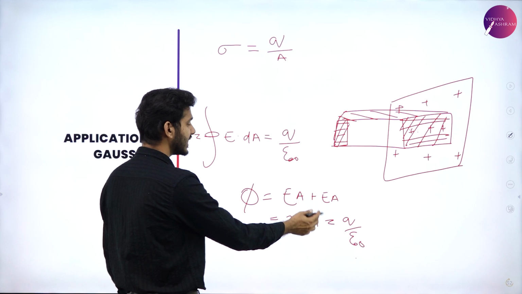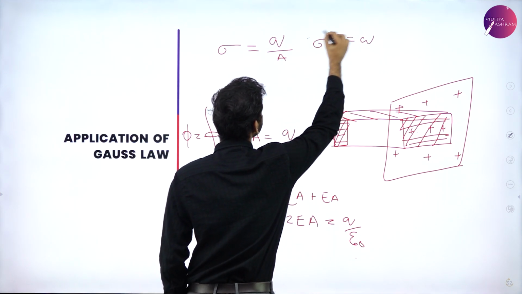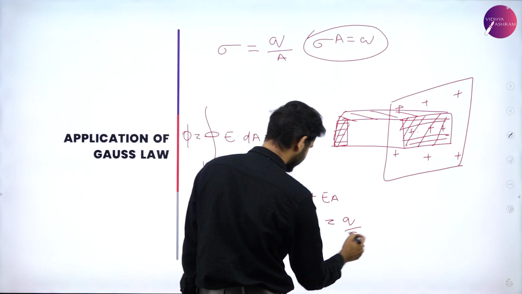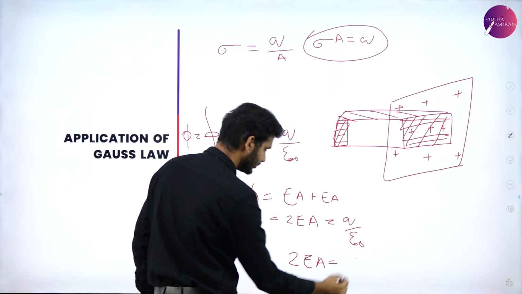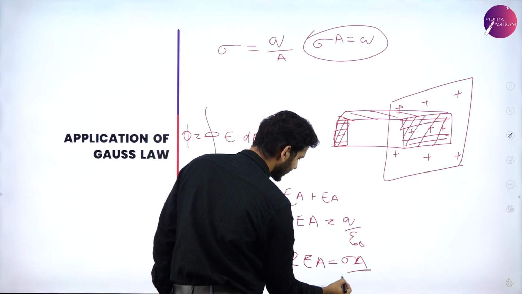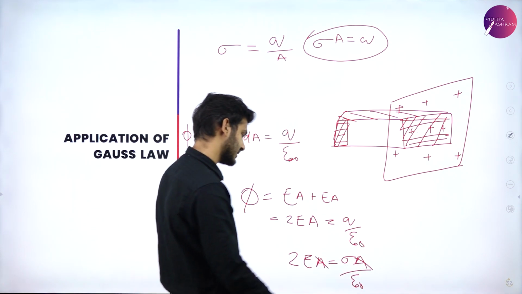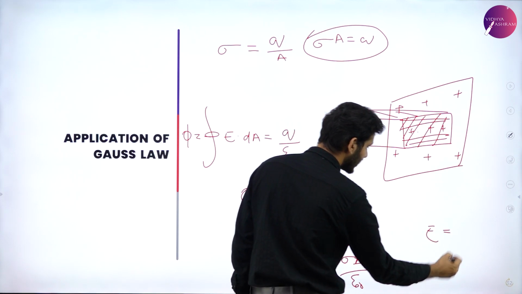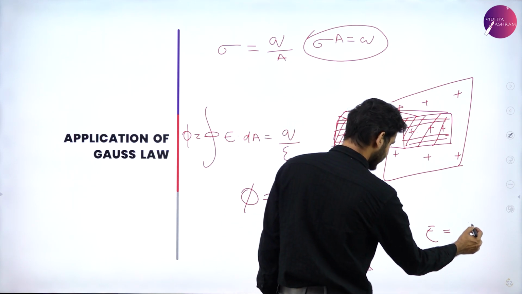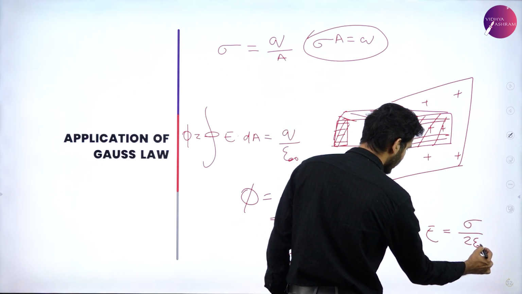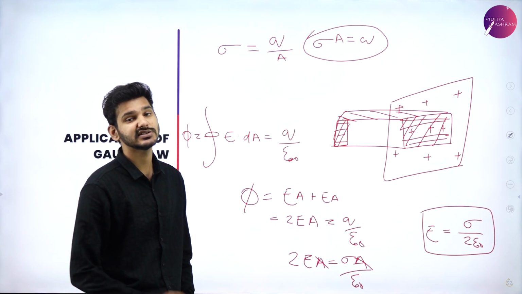And we know that Q is nothing but sigma times A, and we can write it as 2E into A will be equal to sigma times A divided by epsilon naught. This area and this area will cancel each other out, and we can say that the electric field of a charged plane sheet which is uniformly distributed will be equal to sigma by 2 epsilon naught. So this will be the electric field due to a uniformly charged plane sheet.